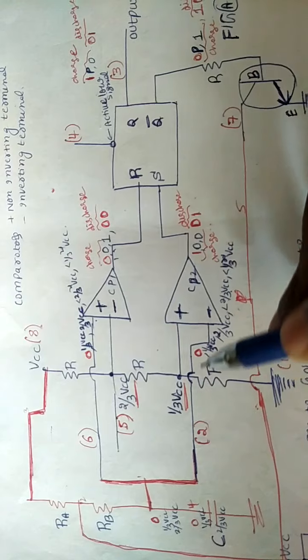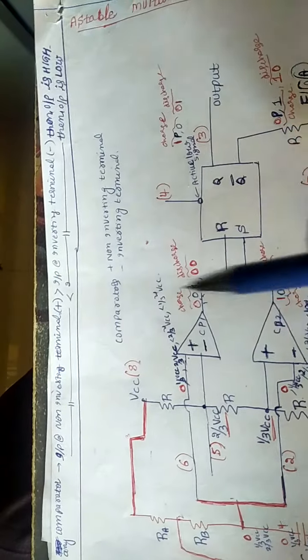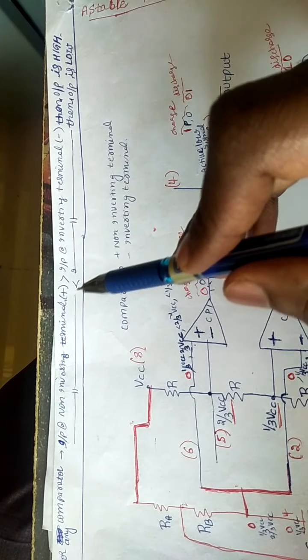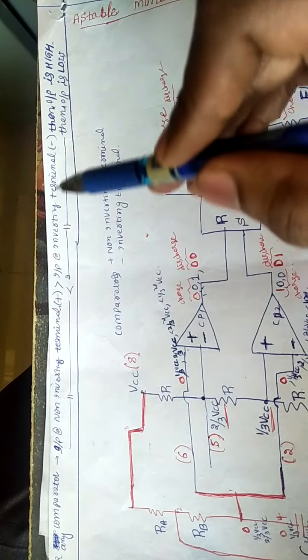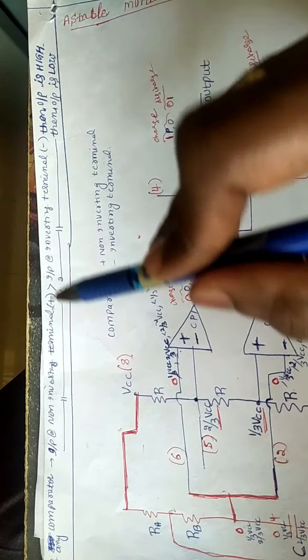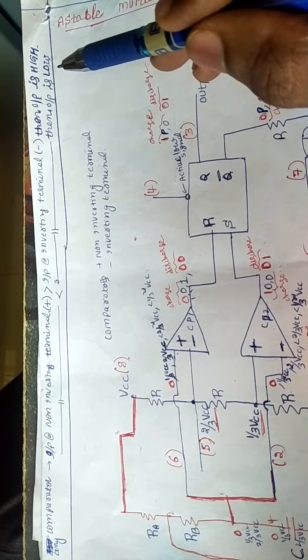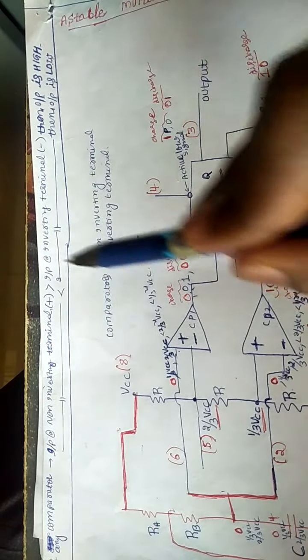The same 0 has been fed here. Before going to the operation, these two statements are very important. If the voltage at plus is greater than the voltage at minus, then the output is 1. If the voltage at plus is less than the voltage at minus, then the output is low. So that one I will apply here.